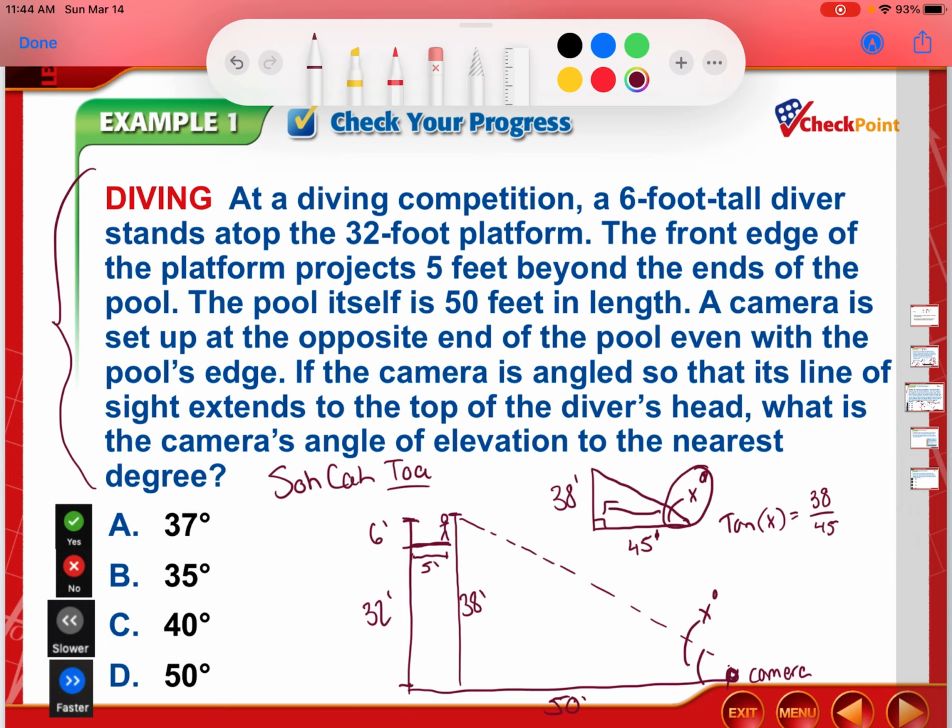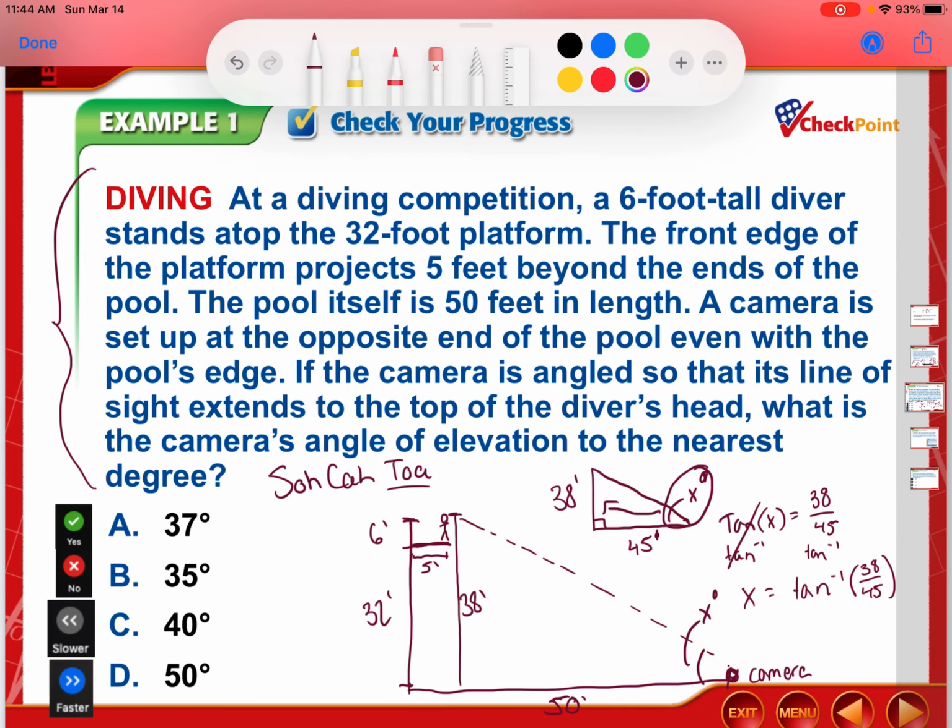So now we have to use the inverse of tangent. We do the inverse of tangent to each side, and that gets rid of our tangent. So we're left with x equals tangent^-1 of 38 over 45.